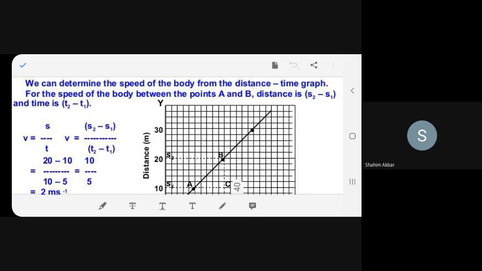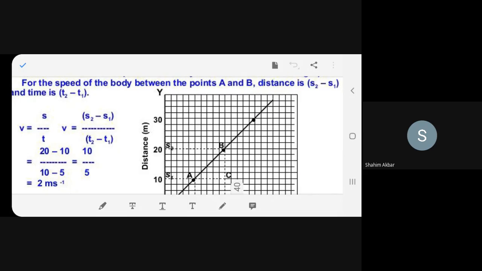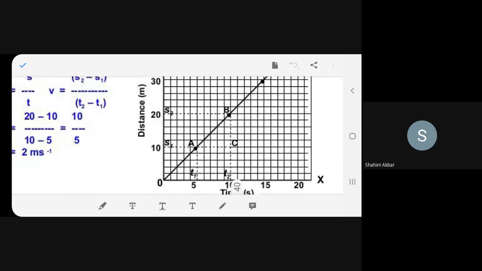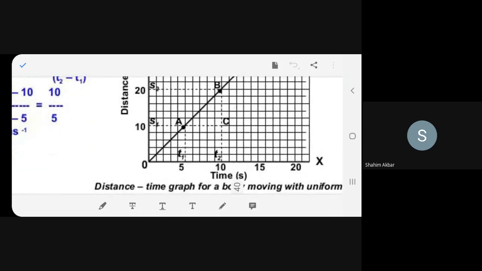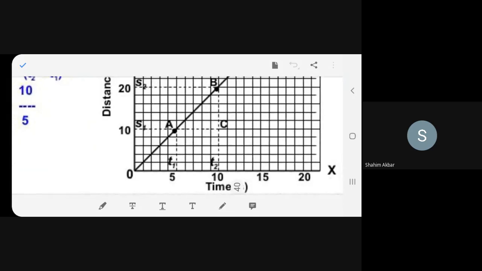Okay, now let's see. Now we are finding the speed, right? Now I will take over here. Now look at the graph. Please have a look at the graph. Now when this is 5 seconds, the distance is 10. It could be meter, kilometer, whatsoever.